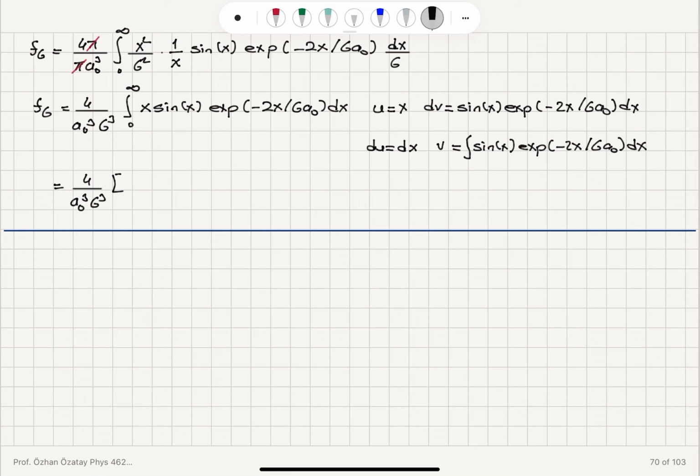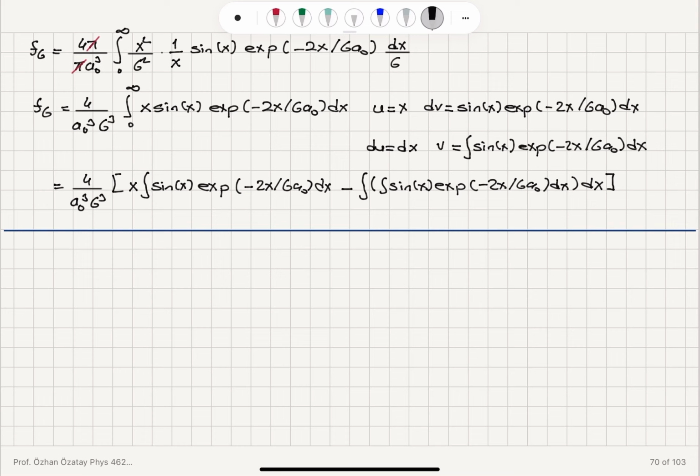So u is x, v is the integral of sin x exp(−2x/(ga0)) dx, minus the integral of v du, the integral of the integral of sin x exp(−2x/(ga0)) dx, dx.